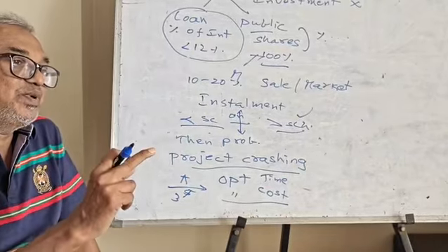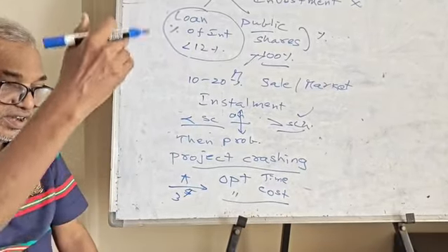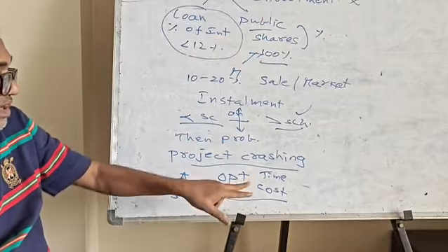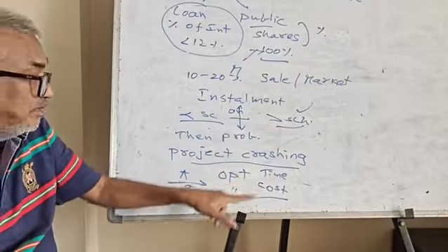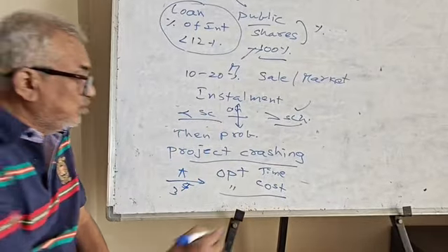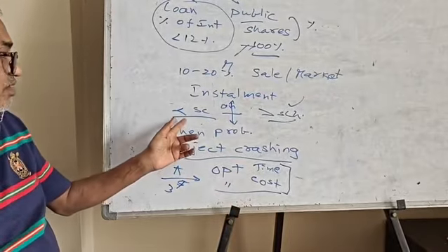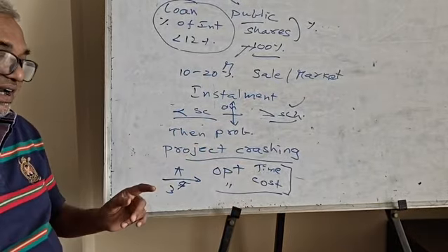For each project, you have to calculate all the costs and work it out from a graph. When you plot the graph, you will get optimum time and optimum cost. These two are very, very important for a project. If you know these two, you can work out and then attend to the project crashing.